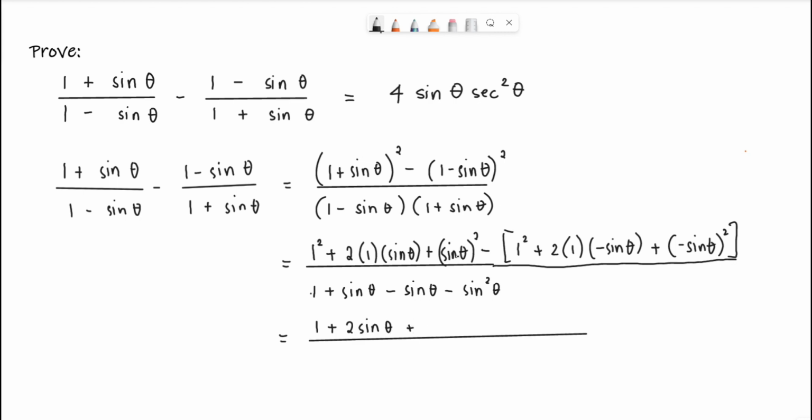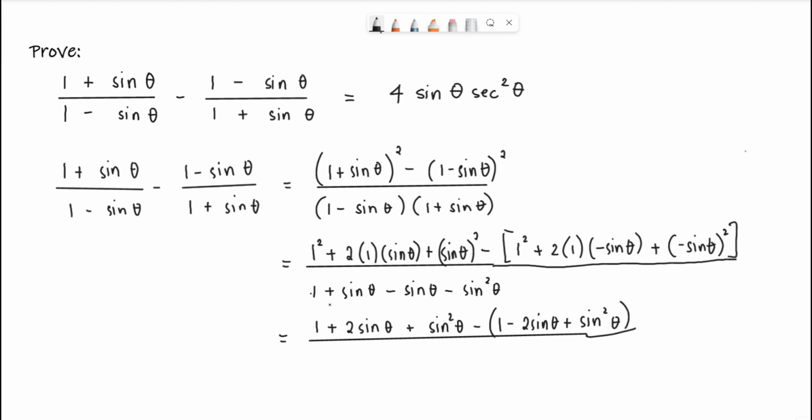And then if we square sine theta, we will have sine squared theta. Next, 1 squared is positive 1. So we will have 1 plus 2 times 1 times negative sine theta. We will have negative 2 sine theta. And if we square negative sine theta, we will have positive sine squared theta.